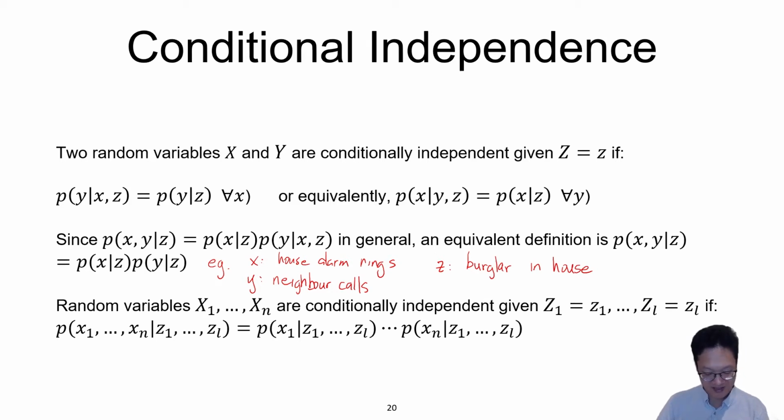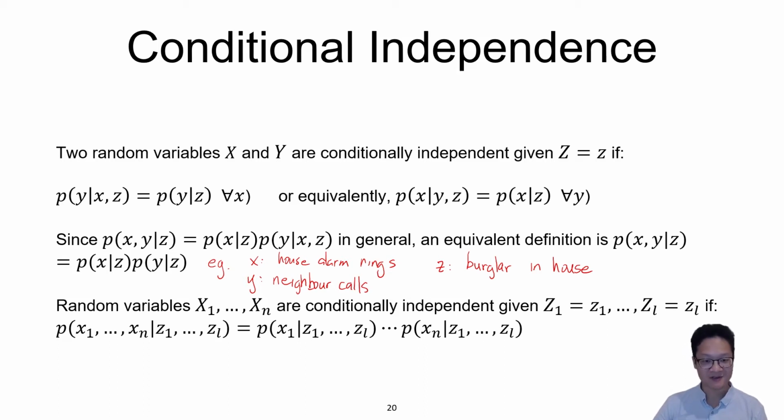So if we knew nothing about z, let's say that we didn't know anything about z, then I would say that house alarm rings and neighbor calls, they would not be independent, because the neighbor might be calling because the house alarm is ringing. However, if we're given that the burglar is in the house, then x and y become independent, you could argue, because the burglar could trigger the house alarm, and the house alarm has a probability of ringing whenever there's a burglar detected.